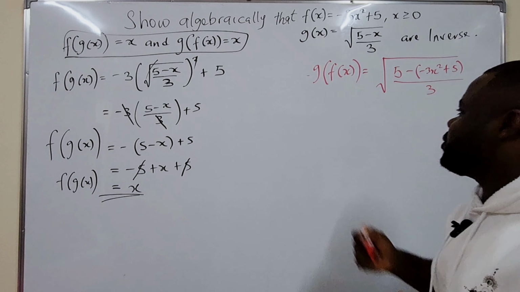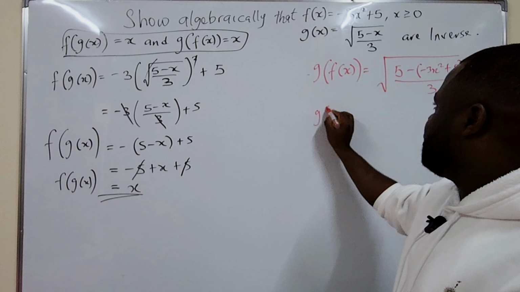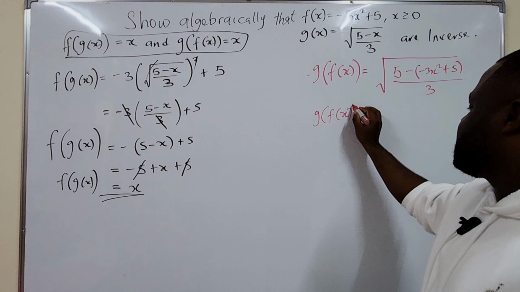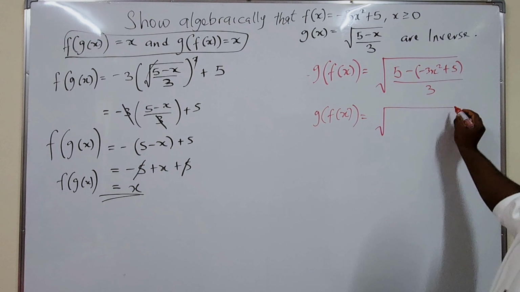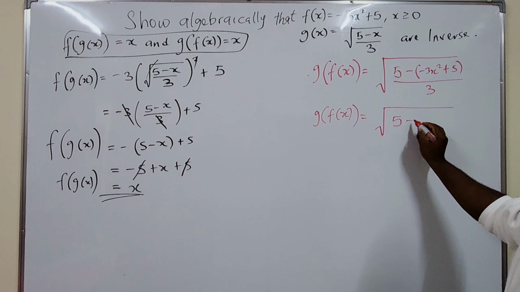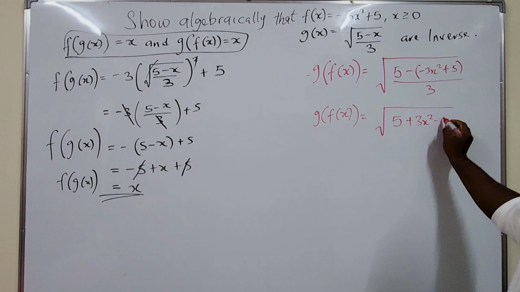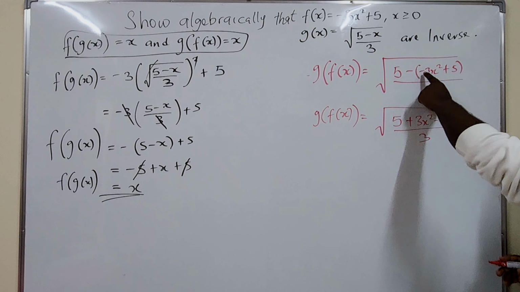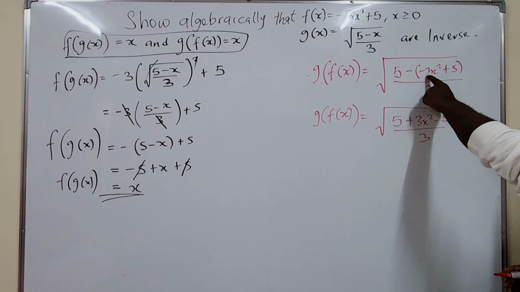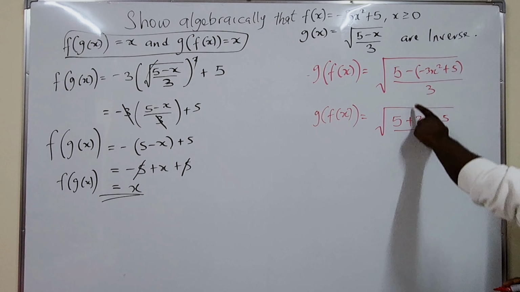Then let's simplify this. So we now have the composite g of f of x will now be equal to the square root of 5 plus 3x squared minus 5, all over 3. How do I get that? Negative times negative 3x squared will give you positive.